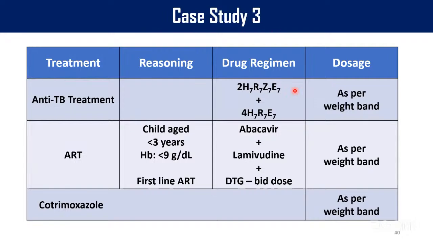The regimen will be abacavir, lamivudine and DTG, and you have to modify the regimen by giving an additional dose of DTG in the morning. So you will have to give a double dose of DTG in this child. And as this child already has a CD4 of less than 350 and age is also less than 5 years, you have to give cotrimoxazole prophylaxis as per the weight band.